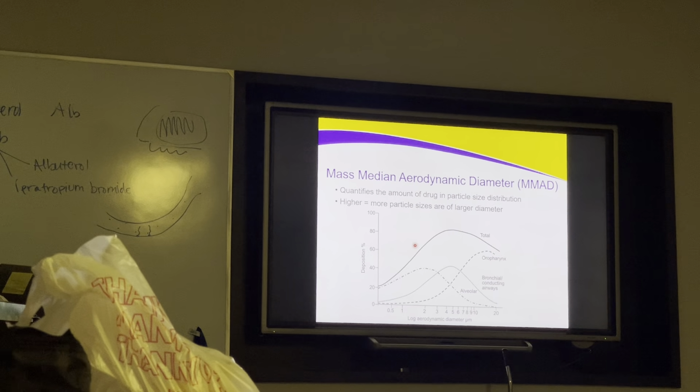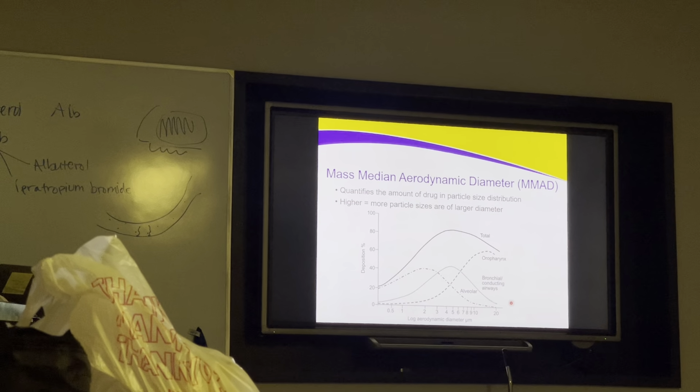The MMAD, or the mass median aerodynamic diameter, is a fancy thing. This quantifies the amount of drug in the particle size distribution. So higher MMAD equals more particle sizes of a larger diameter. What that means is, if more of your drug comes in bigger pieces, it's more likely to land in the larger airways because it's heavy.